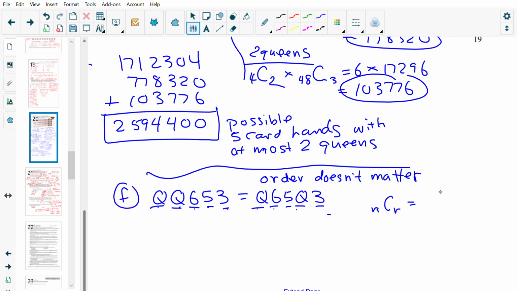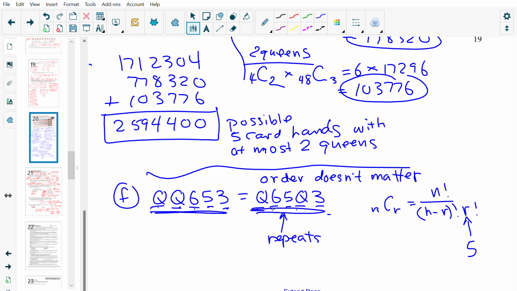So when you're doing your combination formula, this part here, the r factorial that you're dividing out, right? In this case, it will be 5. You're dividing out all of these repeats.